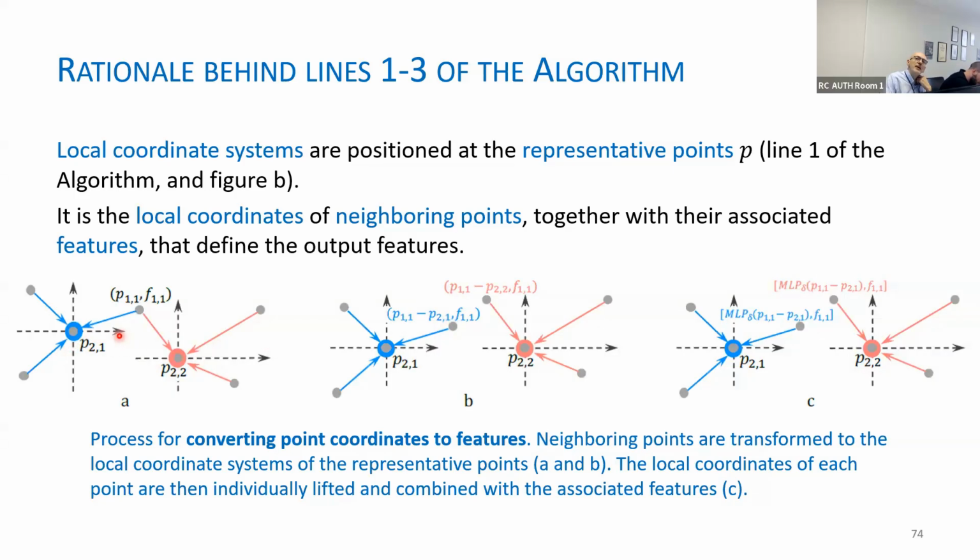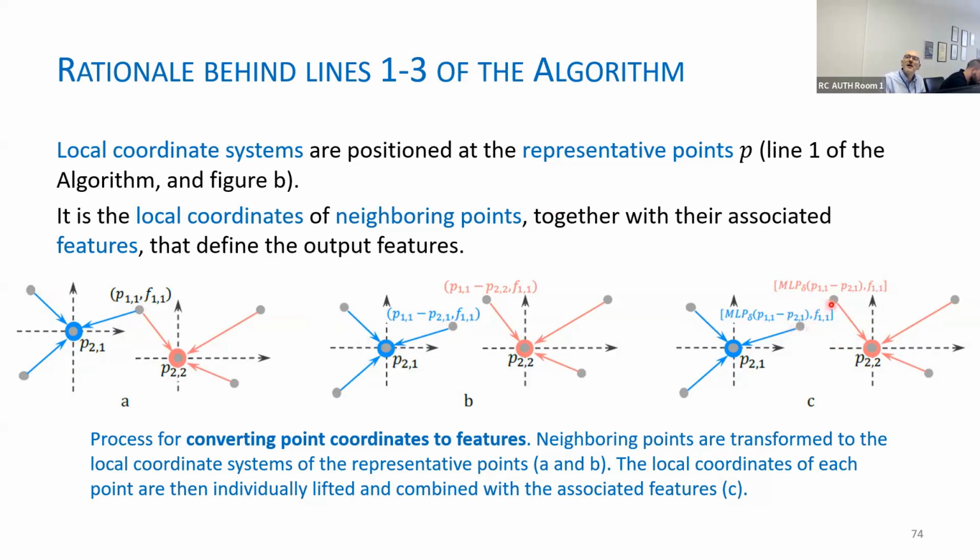Suppose that P2 are the representative points and P1 are the points at the previous level. The idea in step 1 is that by making this subtraction, we represent points P1 relative to the representative point.